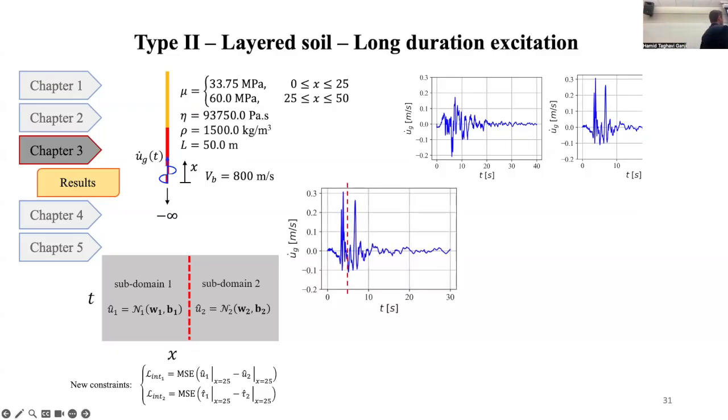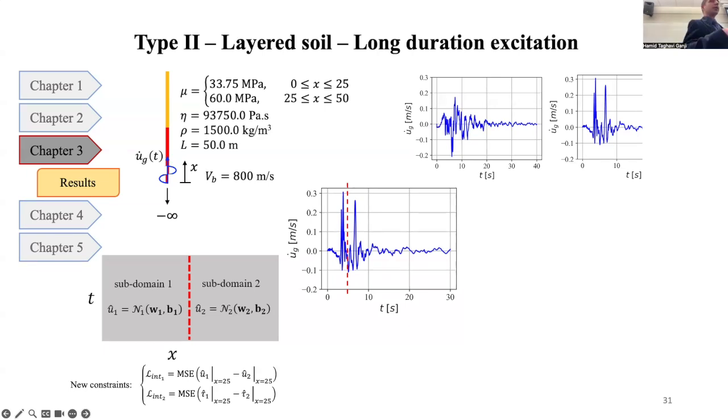As I mentioned earlier, we are interested in predicting the seismic responses of long duration earthquakes. For that purpose, we divide the long duration earthquake into smaller segments, and we start training our model for the first segment.